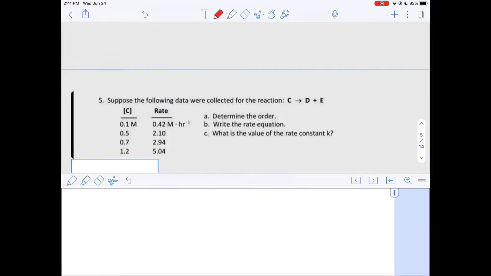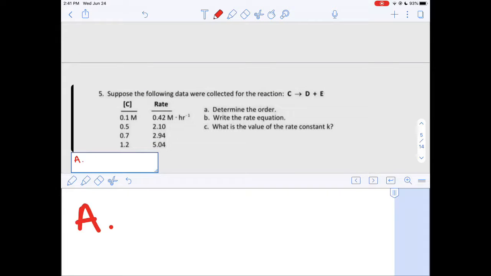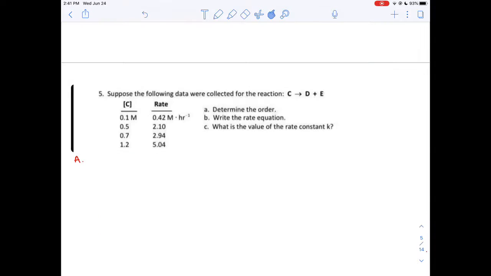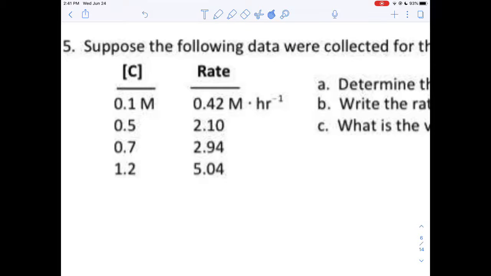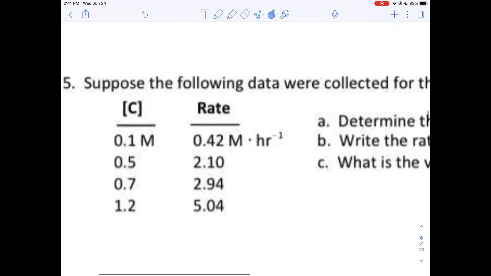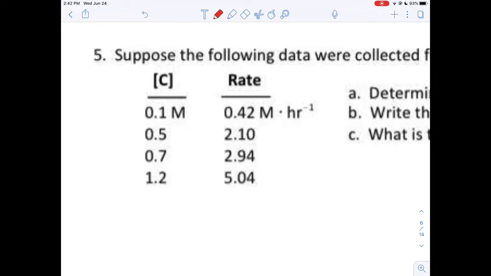So, determine the order. There are only 4 plots, and they all are different numbers. So your best bet is, I'll number the plots. So this is 1, 2, 3, 4. Your best bet is to take any 2 plots and divide them by each other.